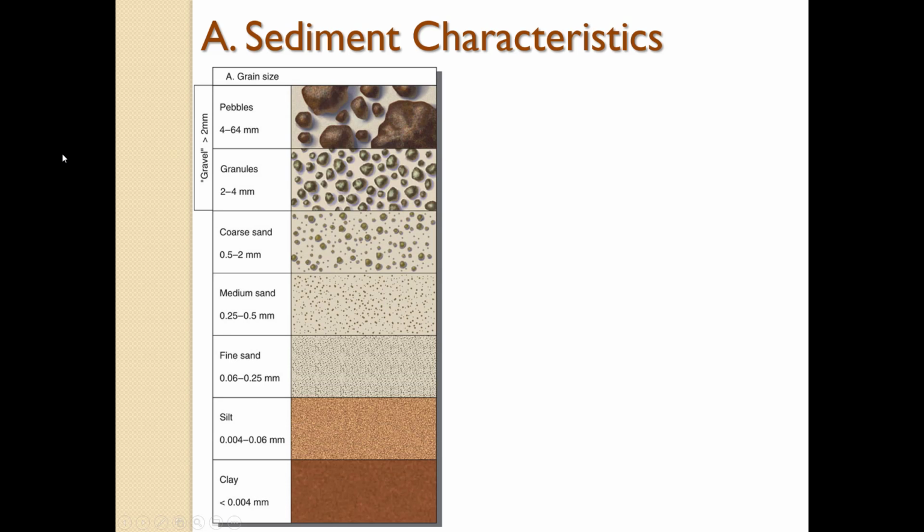So, this is a grain size chart, and you can see that grain size will vary from pebbles and gravel, so really anything larger than 2 millimeters in diameter of a particle or sediment is considered gravel. And then there are a variety of sizes of sand, ranging from coarse sand to fine sand. And you can also see that there are actually very specific measurements about what the deviations are between a coarse, medium, and fine sand.